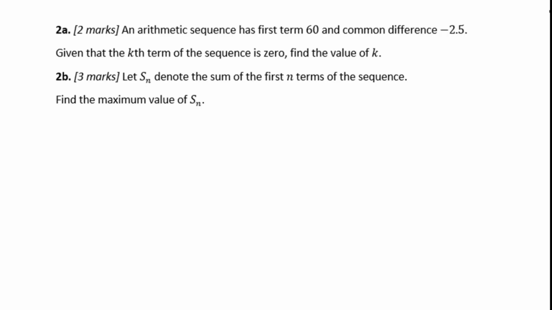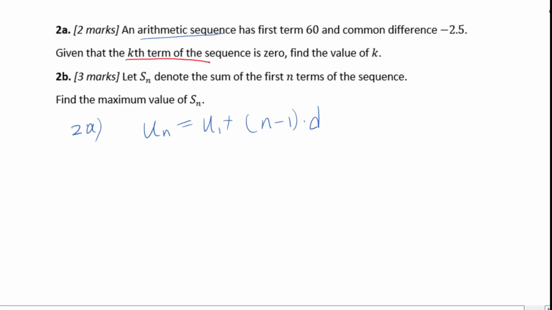Let's go to 2A. An arithmetic sequence has a first term of 60 and a common difference of negative 2.5. Given that the kth term of the sequence is 0, find the value of k. Since this is an arithmetic sequence, the kth term is 0.